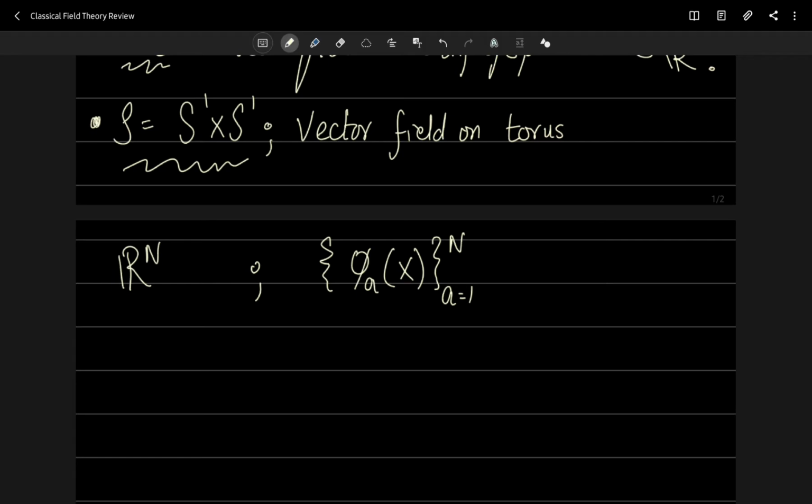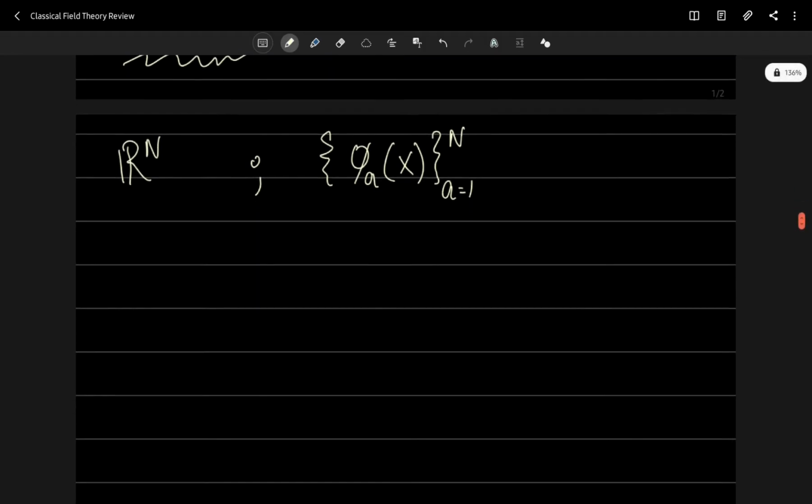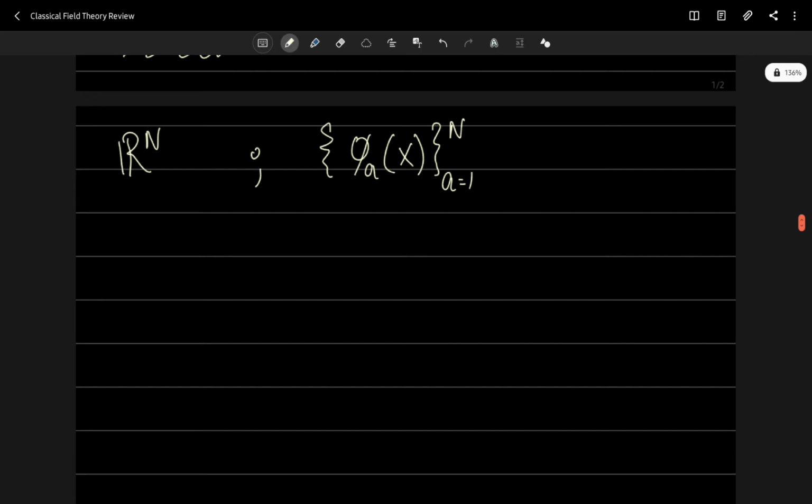Okay, so now that we know some things about a field, let's talk about the dynamics of a classical field.